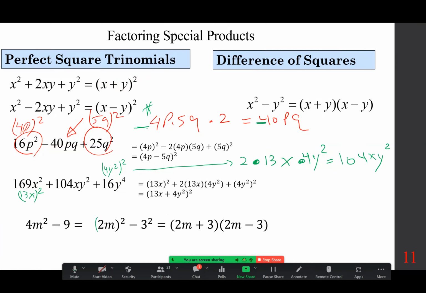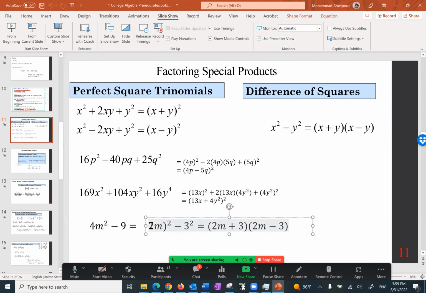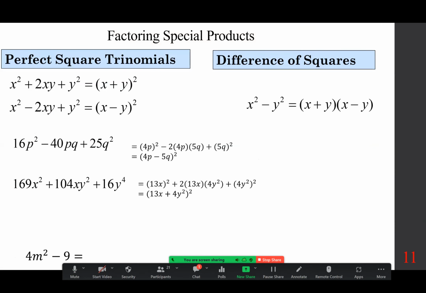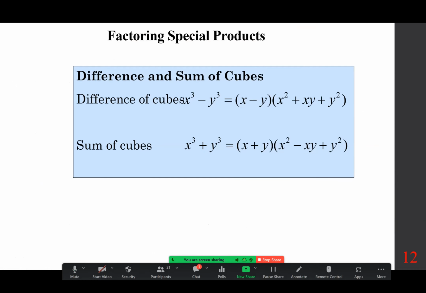So let me put that here because that's important. Otherwise, it's not correct. And so it's 2m plus 3 times 2m minus 3. Difference and sum of cubes were discussed.